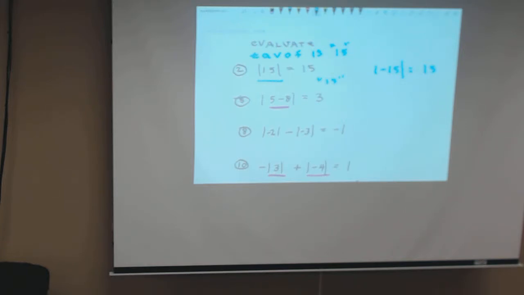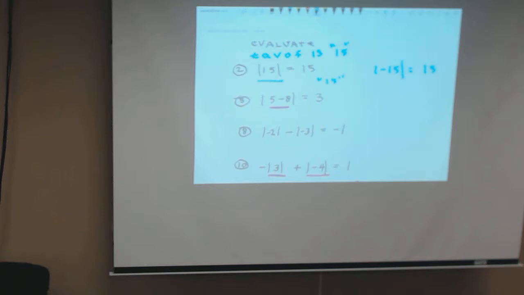I know the book says without regard to the sign, but what you're really thinking about is how big is this number, and I am not concerned about the direction. I just want to know the magnitude of the number. So the magnitude of 15 is 15.